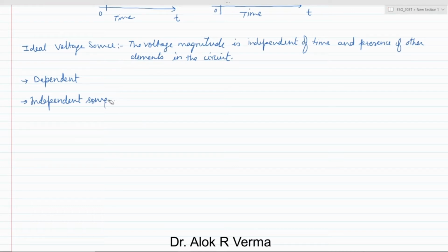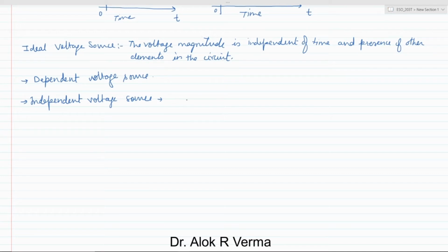We'll use the terms independent voltage source and dependent voltage source. If it is an independent voltage source, we have already seen that it is independent of time and presence of circuit elements. So the value or the magnitude will not depend on time, which we have seen already.